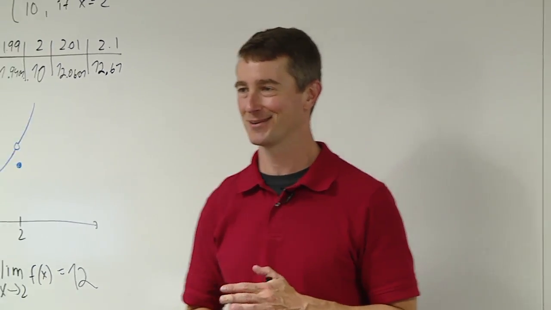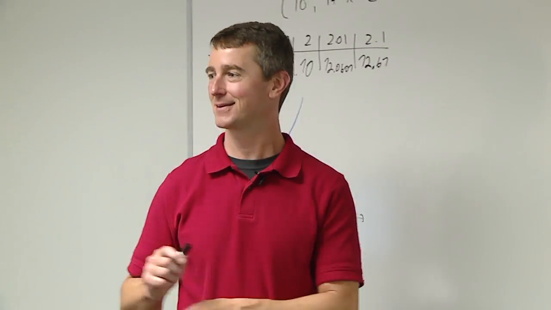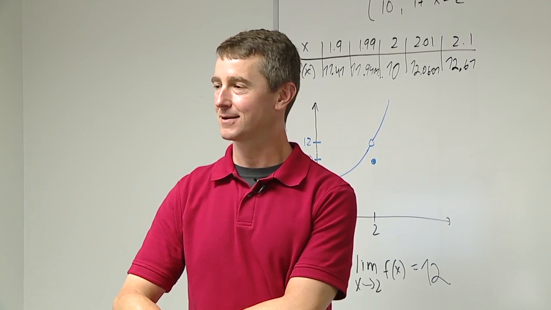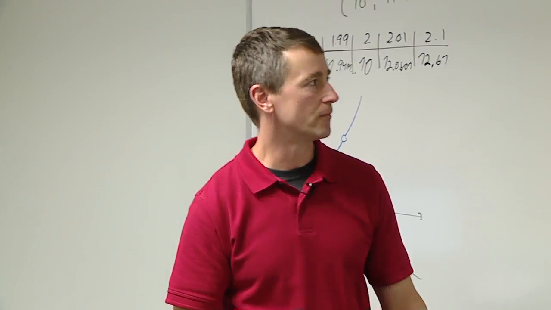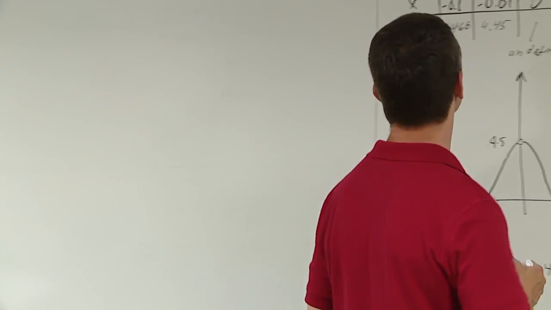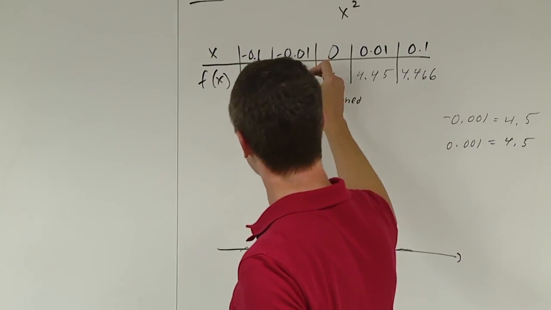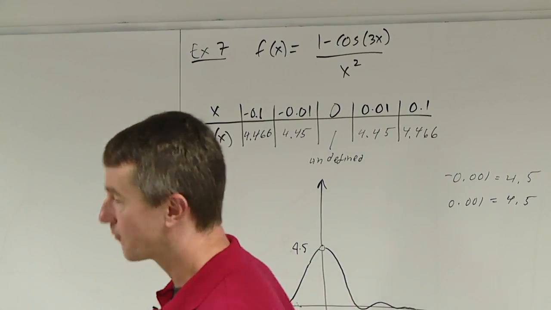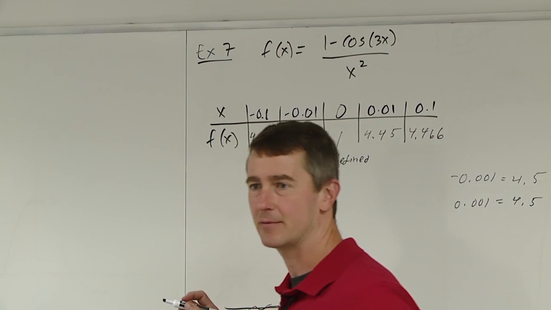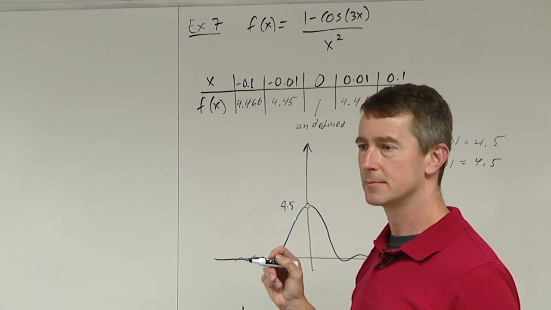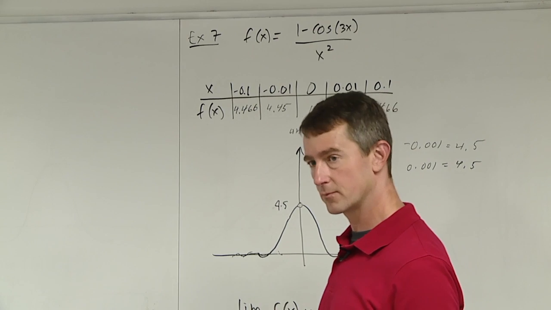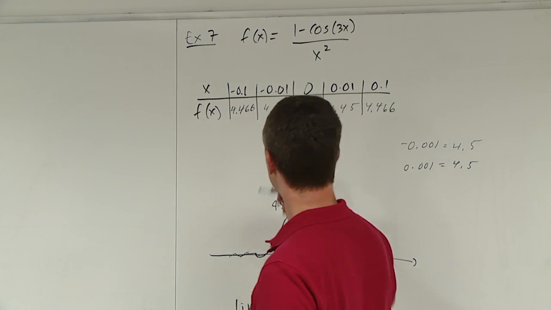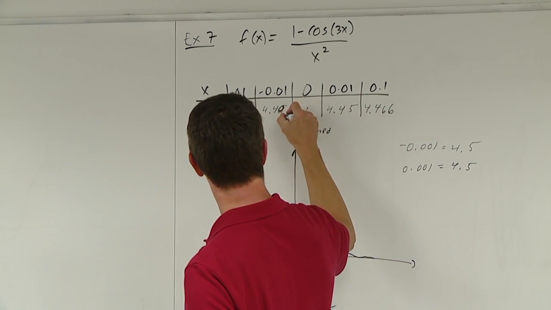Good work. Question? Shouldn't we fold 9 instead of fold 5 in the 0.01 and negative 0.01? This should be 4.49 something. Did other people get that? 4.49 something? Yeah. 4.9 something?